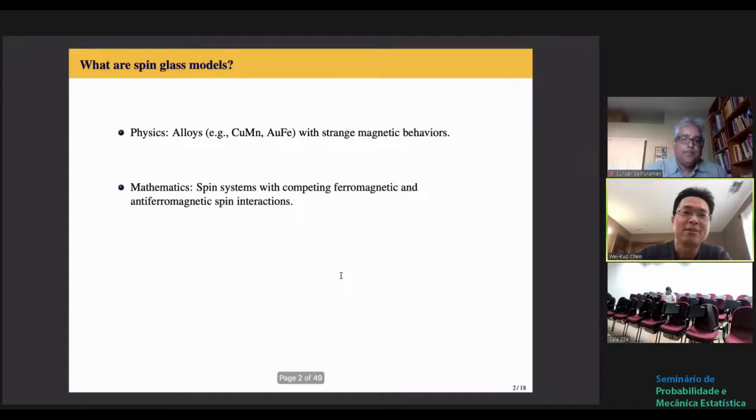All right, so to begin with, let me start with something very basic about spin glass models. In physics, it's really just special alloys, something like you see in copper and manganese, and also iron and gold. When you do experiments, they exhibit many different behaviors compared to the usual magnet.